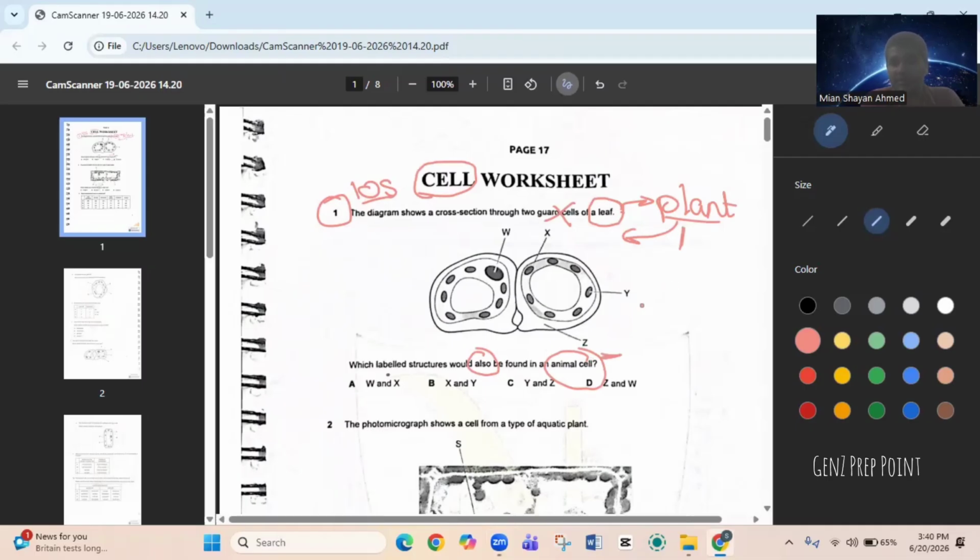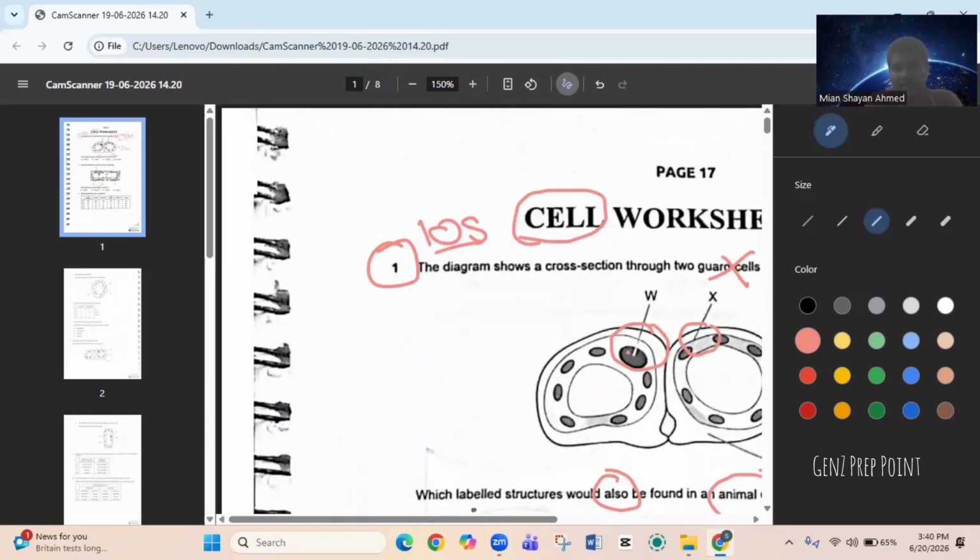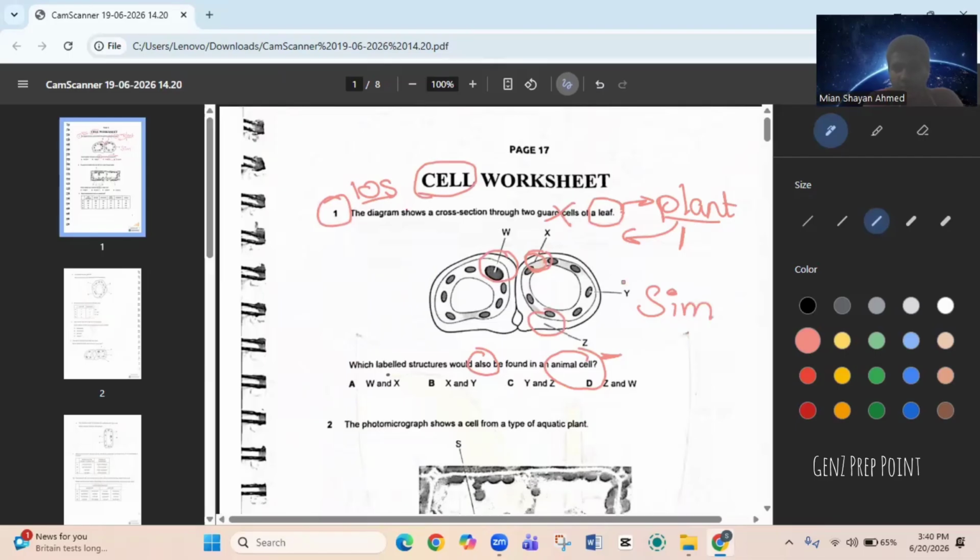In this diagram, this is the nucleus, this is the cell membrane. If you can see when I zoom in, this part is the cell membrane, and this part, the Z part, is the cell wall, and this Y is the chloroplast.